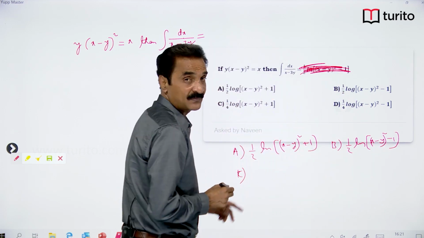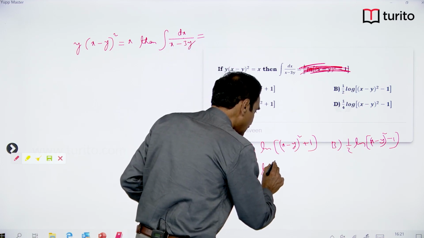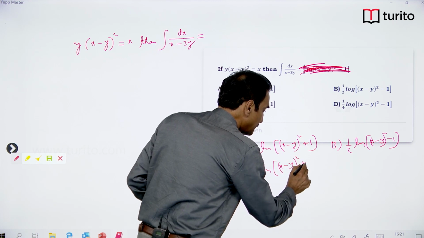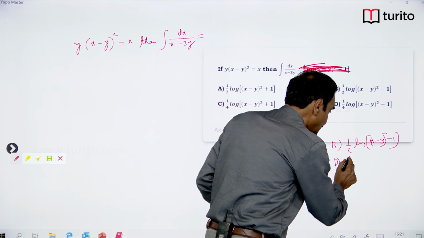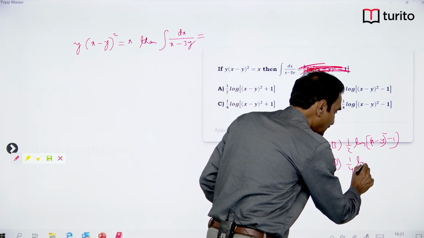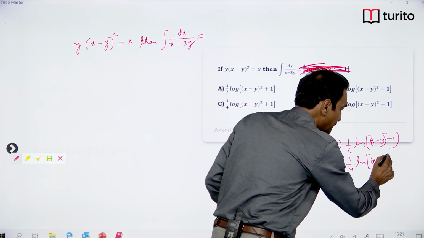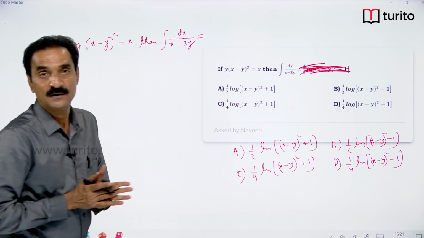Third option, 1 by 4 ln x minus y whole square plus 1, and last option, 1 by 4 ln x minus y whole square minus 1. 4 options are given. Let us proceed.